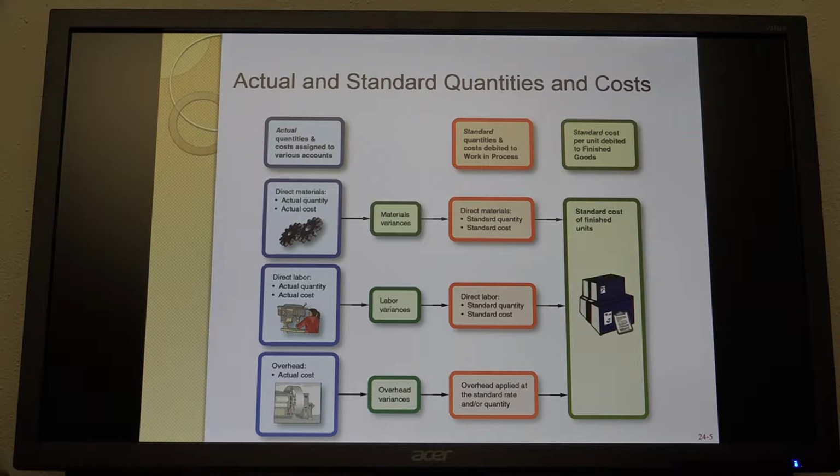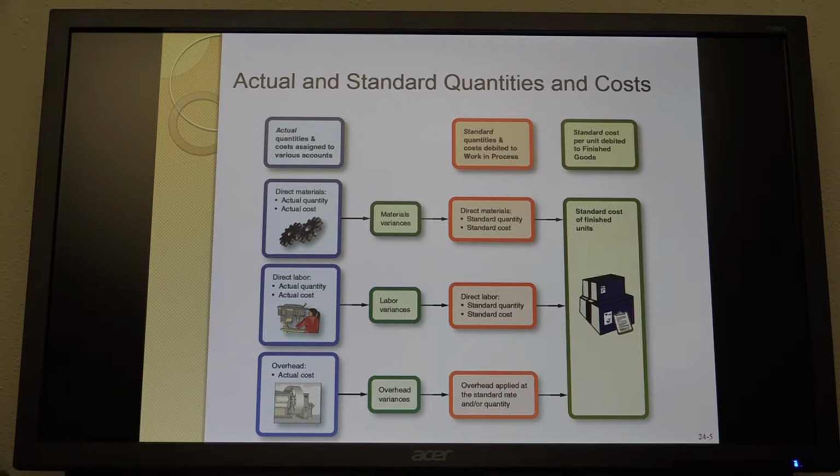And so actual costs depend on which component you're talking about. For direct materials, actual cost is made up of the actual quantity of raw materials used to produce a product and the actual cost of those materials.